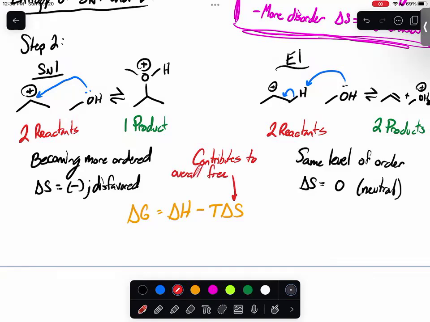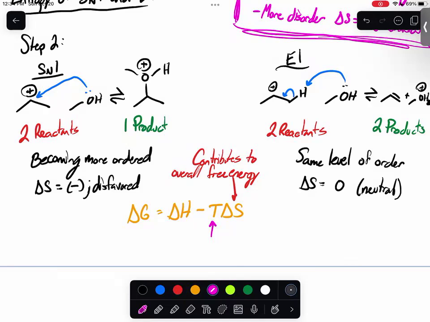All right, it contributes to our overall delta G. And the other thing you'll notice that's very interesting about this is we also have this temperature factor that deals with delta S. Essentially what we're seeing is if delta S is negative in the case of SN1, that means the higher temperature is going to multiply with that to make delta S technically bigger, which means that it is going to become more disfavored at higher temperatures.